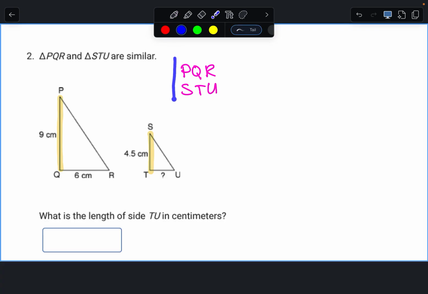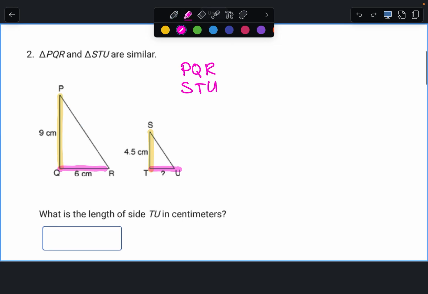I can see that PQ and ST go together. And QR goes with TU. I can see that right here. And then PR goes with SU. And I can see that when I cross out those middle ones, PR and SU go together.